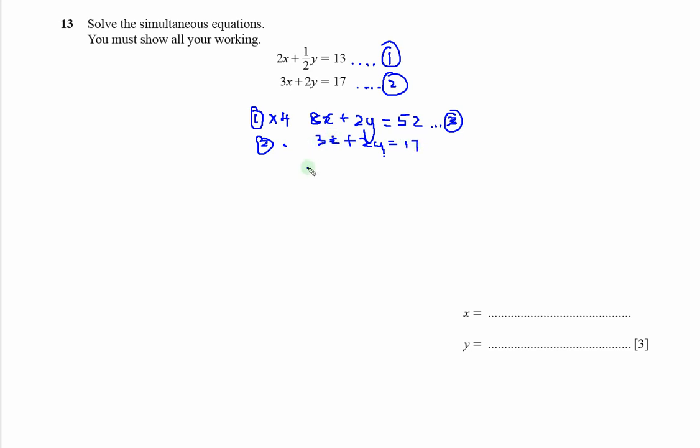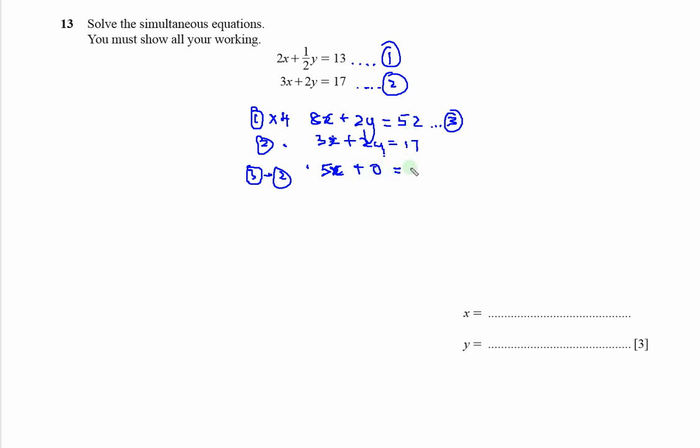Now what you're going to do is take this minus this. Equation 3 is the new equation after you multiply by 4, so equation 3 minus the original equation 2. This minus this, you get 5x. The y term becomes 0.